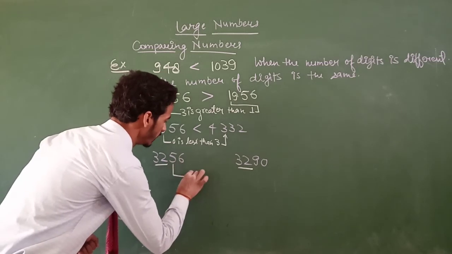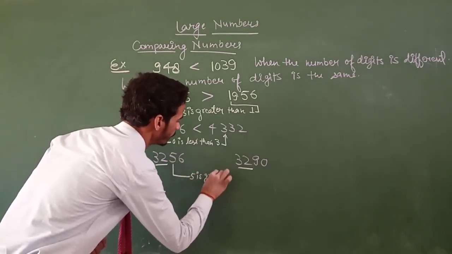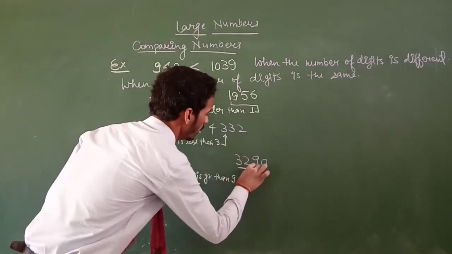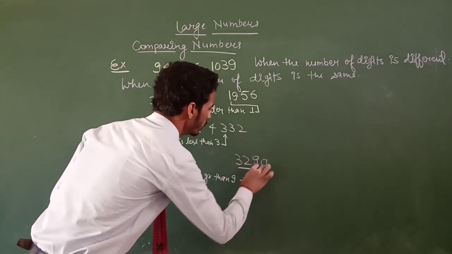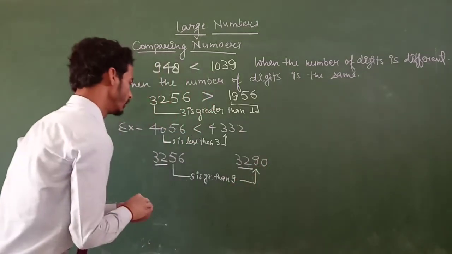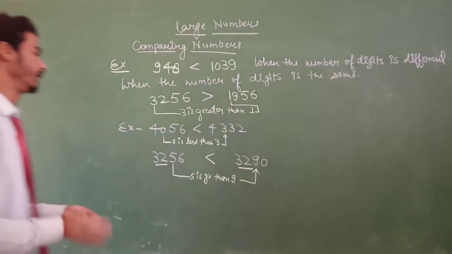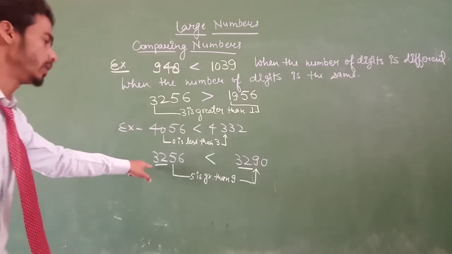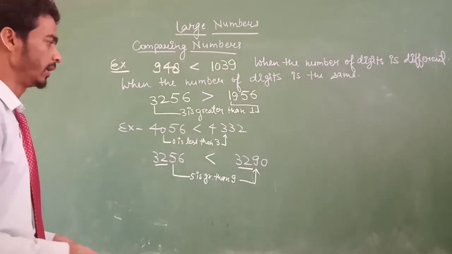You can see here 9 is greater than 5. So we can say that 3290 is greater than 3256. In other words, you can say that 3256 is smaller than 3290.